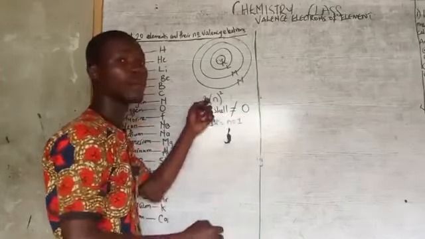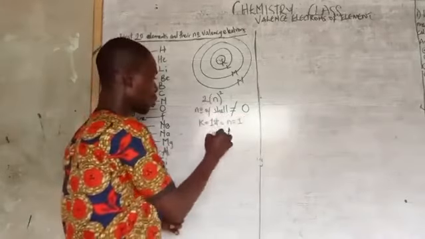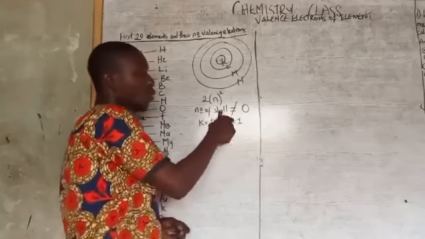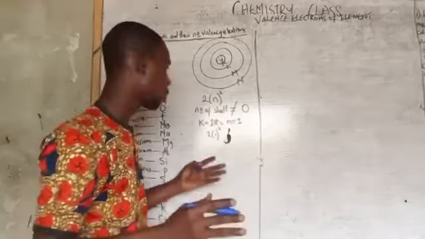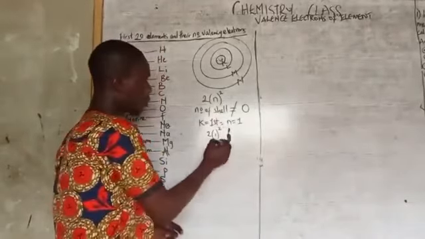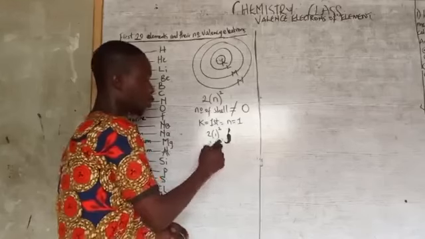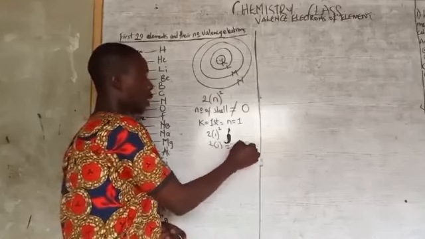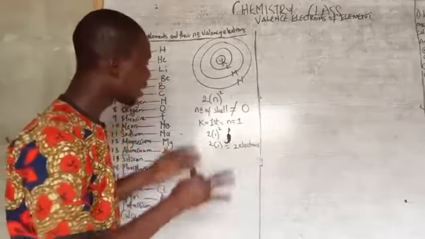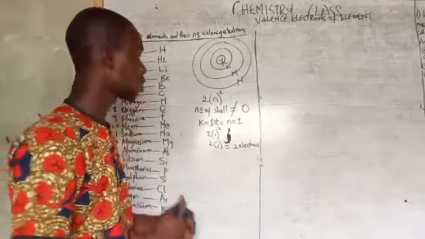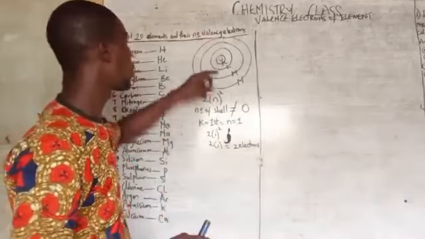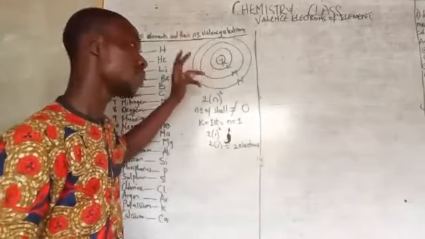Using the formula, we figure out 2 into 1 power 2, where my 1 is the number of shell, the position of the shell. 1 power 2 is 1, and we have 2 times 1, which is 2 electrons. That is to tell us that the highest number of electrons that K will occupy is just 2. So we have 2 electrons right there.